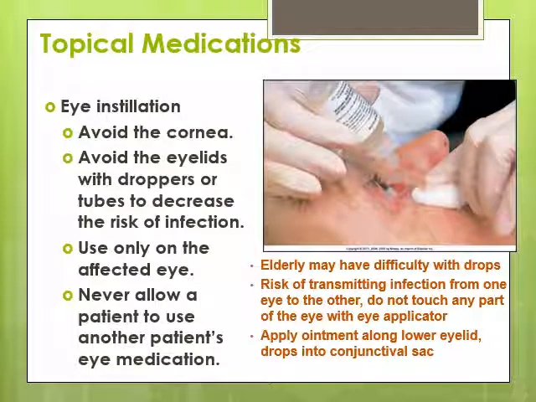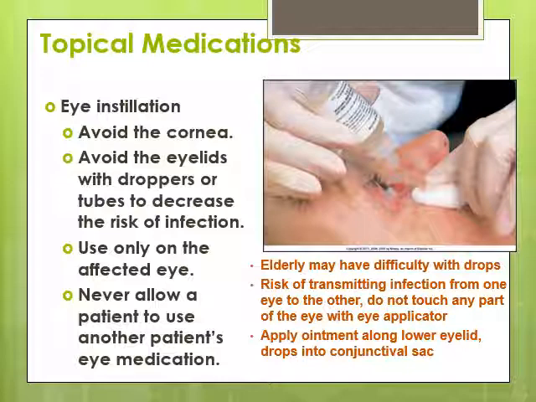For topical medications, for example, eye instillation, as we mentioned in the previous lecture for children, avoid the cornea, avoid the eyelid with the dropper or tubes to decrease the risk of infection. Use only on the affected eye.